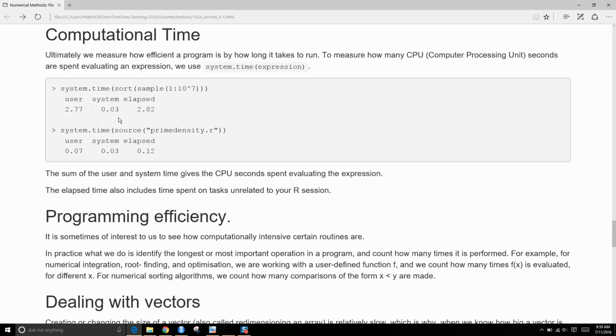But generally, if you're curious how much time the computer actually takes to do this, the two numbers you'll be interested in will be user plus system, okay? And then this is just simple R code. You can put in a larger R function by sourcing a file or something like that.